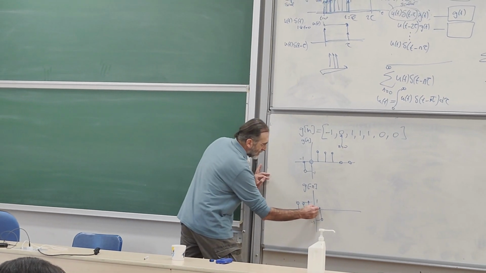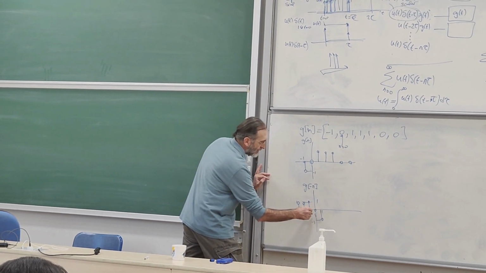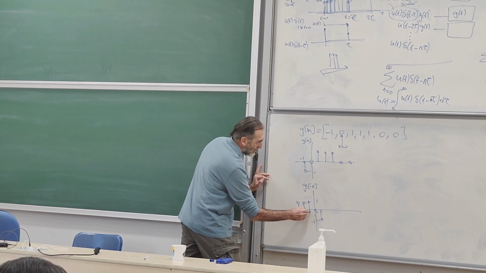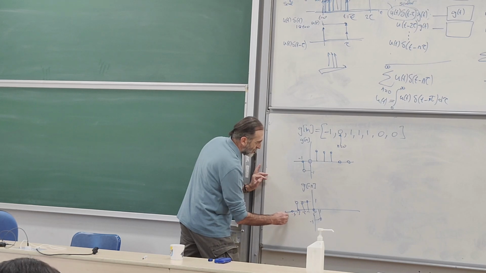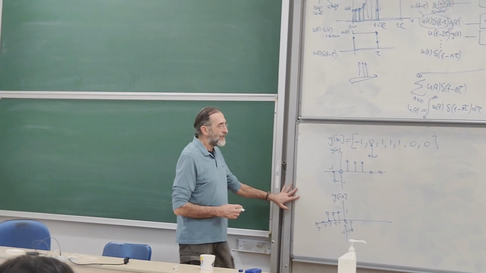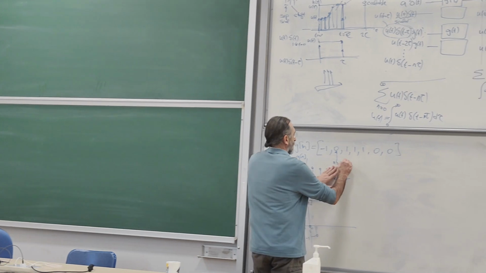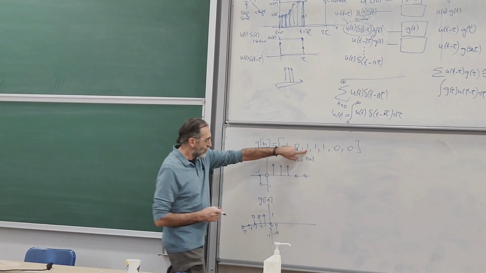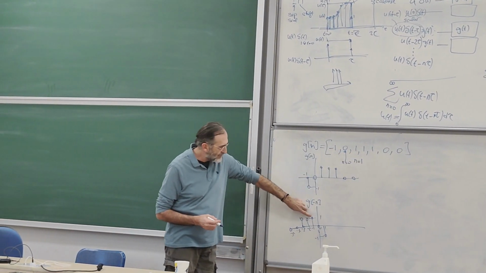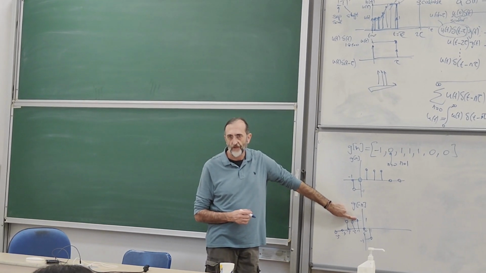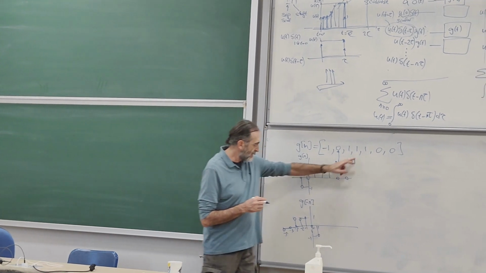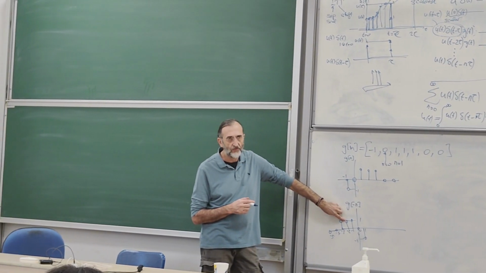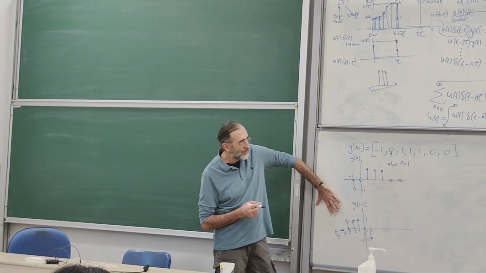Here n is equal to 1, 0, minus 1, minus 2, minus 3, minus 4, minus 5. Here g of 1 was equal to 1. Here g of minus 1 is equal to minus 1. Alright, the whole index has changed. G of 2 was equal to 1. Now g of minus 2 is equal to 1. So I switched it across the y-axis.